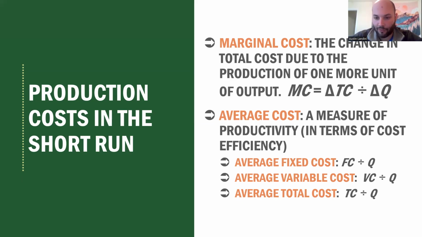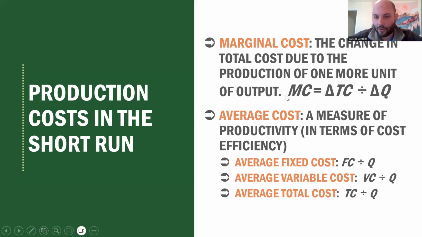Everybody, at least hopefully everybody, has already seen an average before. So if we want to take the average of anything, we just divide by quantity. So in other words, all of these average costs are just the cost that it says it is divided by quantity. We want average fixed cost. We take whatever the fixed cost is, we divide by quantity. Same for variable or total cost.